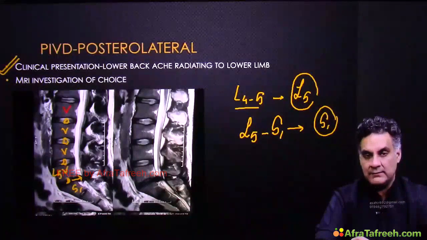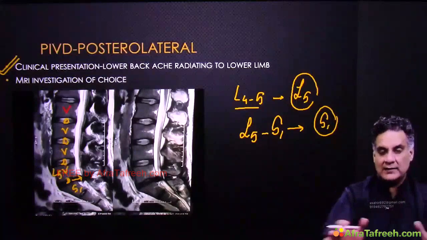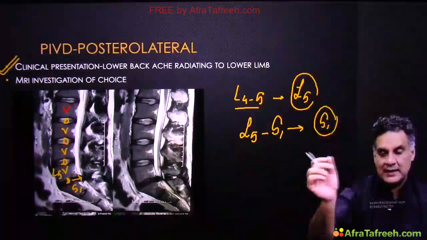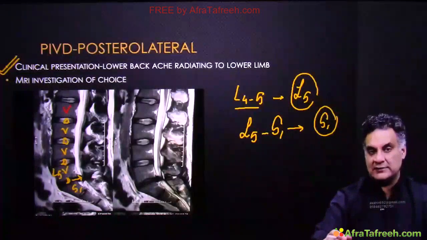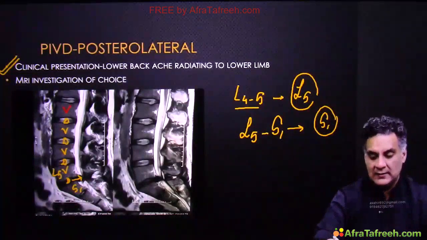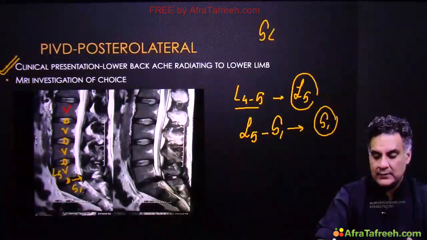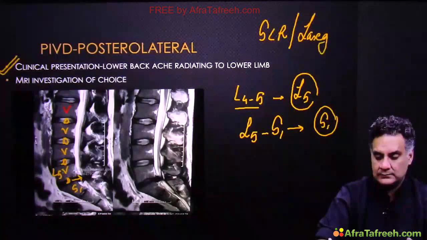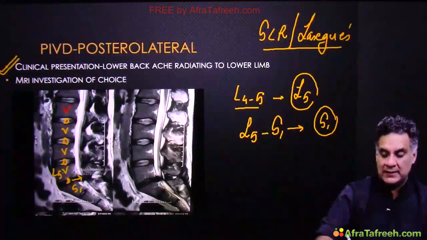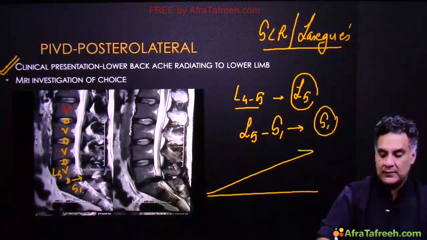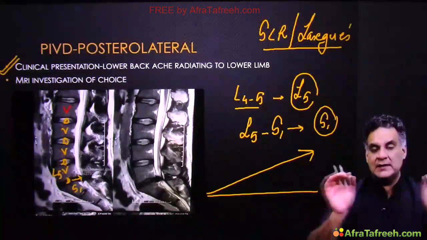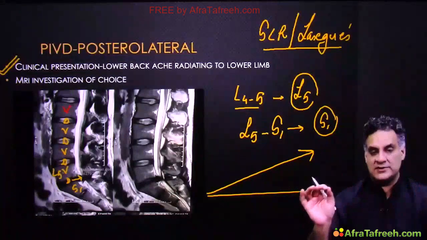When you examine them, if you ask the patient to lie supine and you raise one leg and he feels a stretch on the posterior side of the thigh, it is called an SLR or Lasegue test. If the angle between the bed and the limb is more than 70, it's good. Less than that, it means the nerve root is getting stretched.